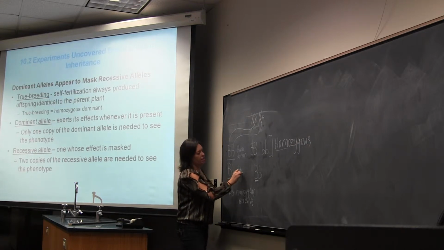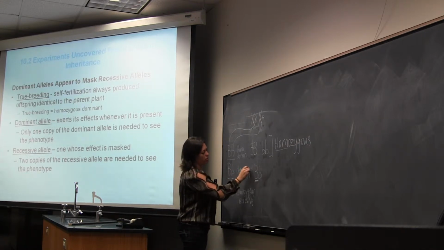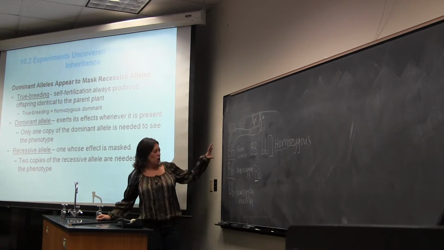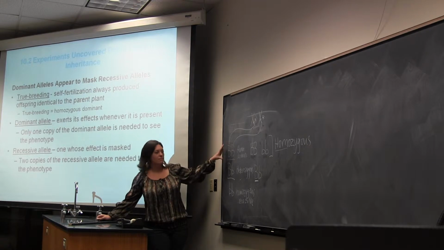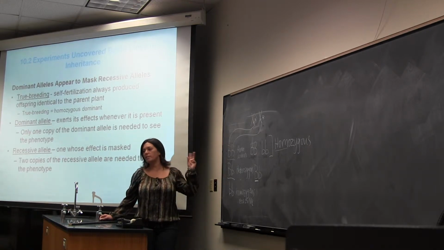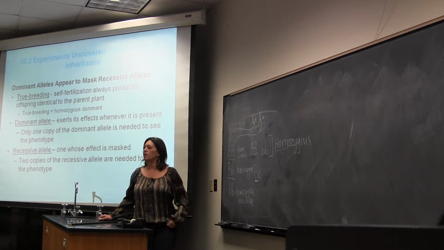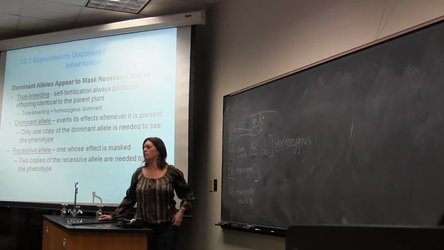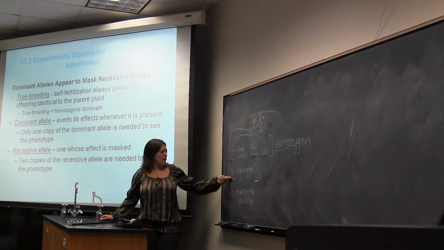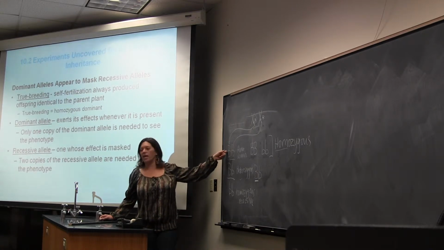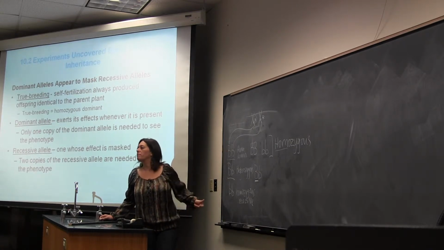So if it's two big B's, it's homozygous dominant. If it's two little b's, it's homozygous recessive. And if they're different, it's heterozygous. That means one dominant allele and one recessive allele. Because it has that one dominant allele, the heterozygous and the homozygous dominant are going to look the same.